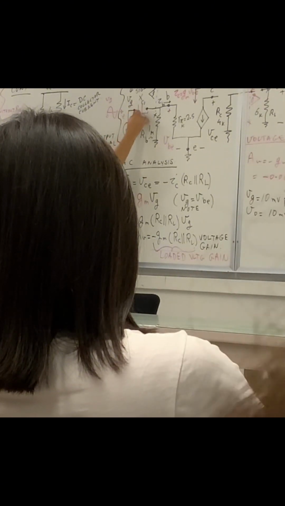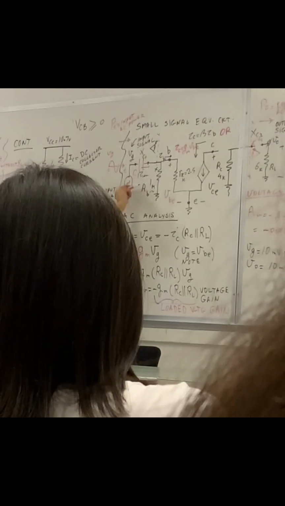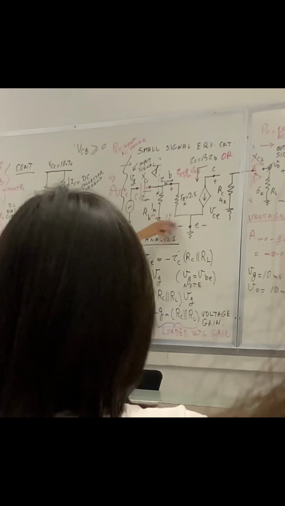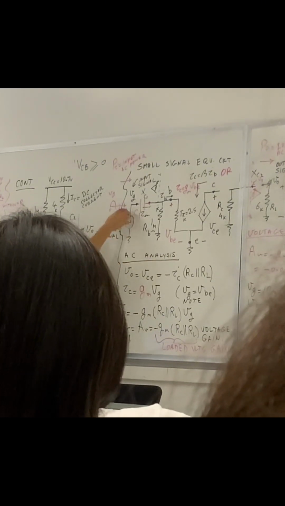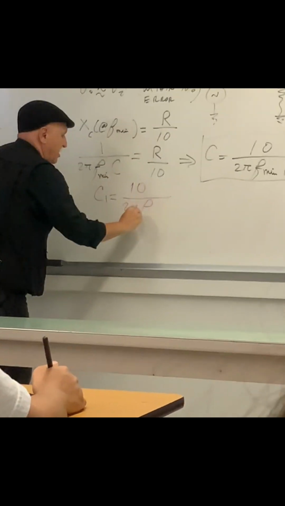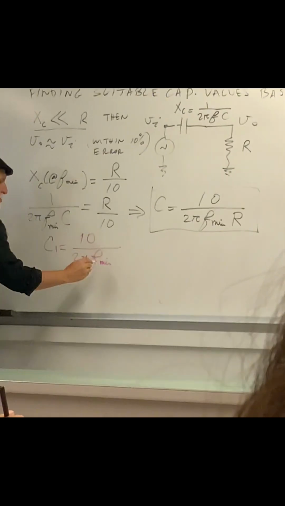At once you can create the formulas. You don't even have to write them down or memorize. Here, this is the capacitor C1. When C1 looks in this direction, you see it says input impedance RA. In this direction, it's a source, it's a short. That's it. C1 is 10 times 2 pi F min times RE.